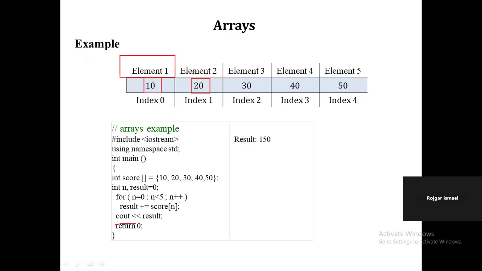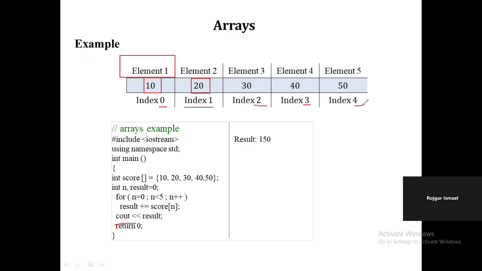Now, moving to array value 20. 20, its element is 2, while the index of 20 is 1. So starting from 0, this is 0, this is 1, this is 2, this is 3, and this is finally 4.